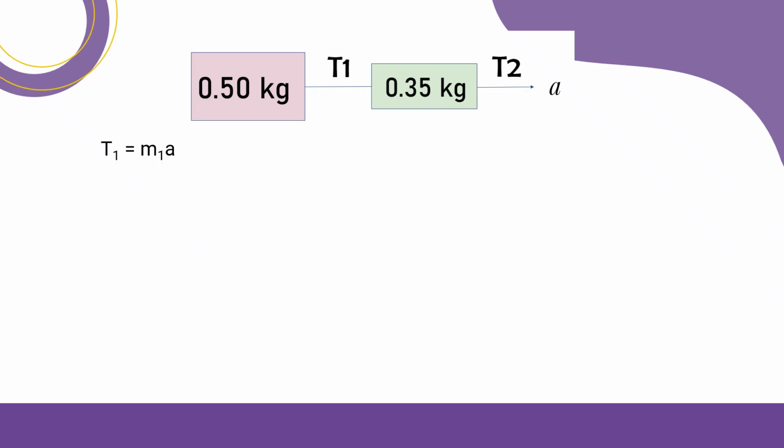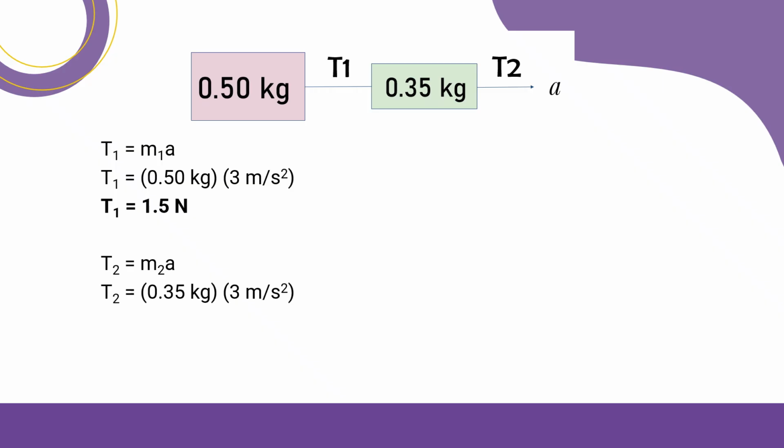For tension 1, I'm going to use mass 1, which is 0.5 kilograms, multiplied by the acceleration, 3 meters per second squared. So my tension 1 is 1.5 newtons. For tension 2, that would be mass 2, which is 0.35 kilograms, multiplied by 3 meters per second squared, and my tension 2 would be 1.05 newtons.